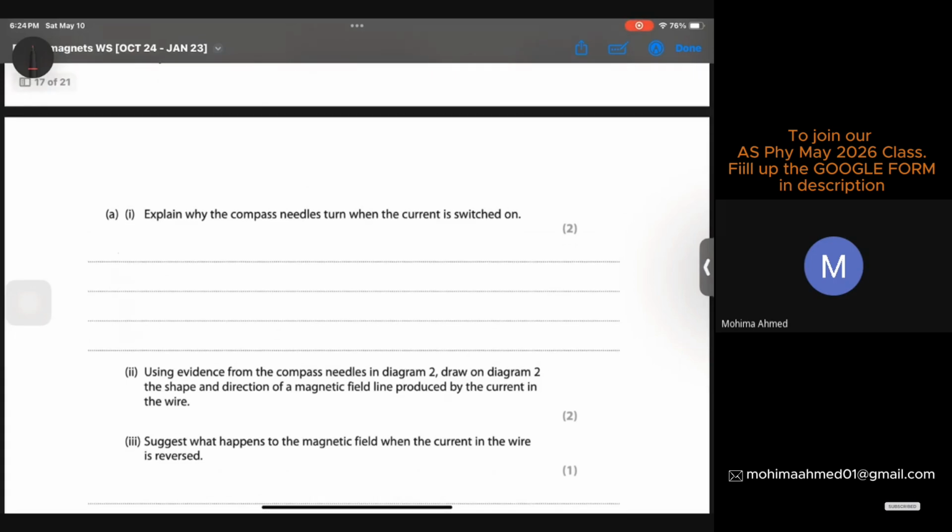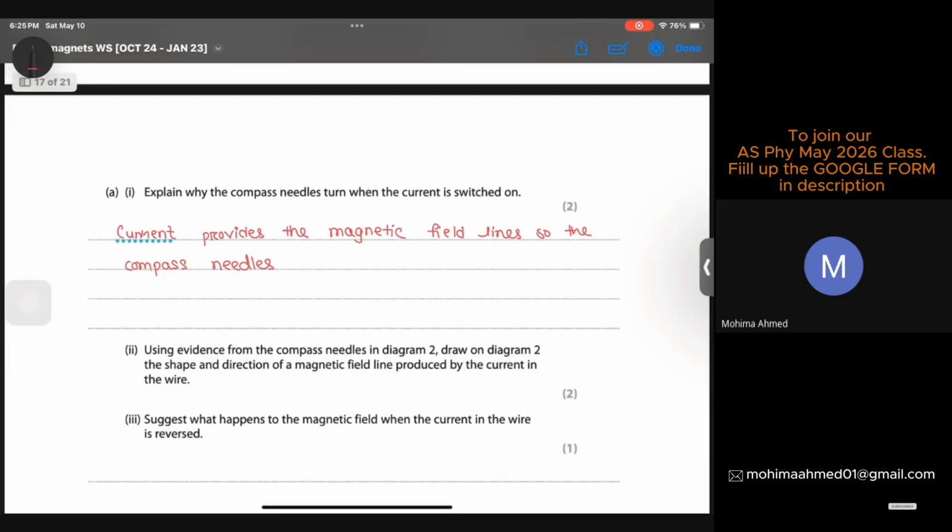You can just write that current provides the magnetic field lines, so the compass needles line up along the field lines, right?